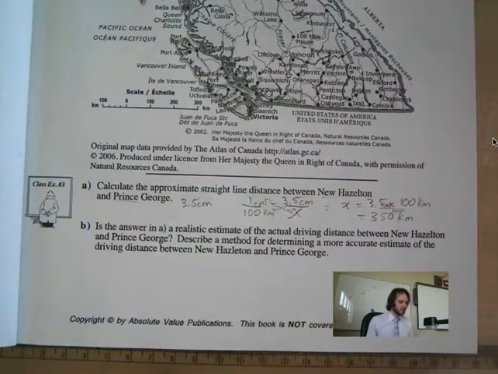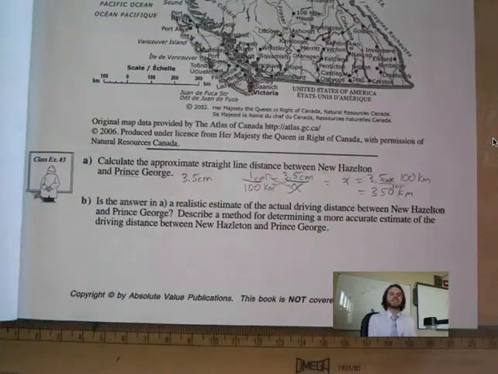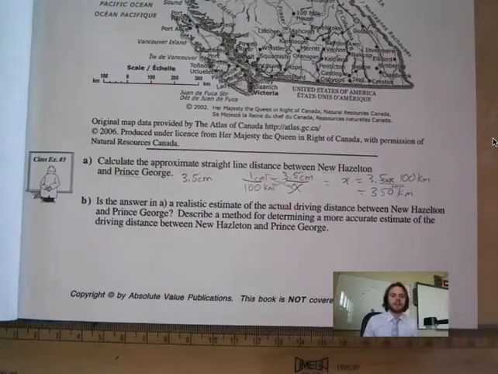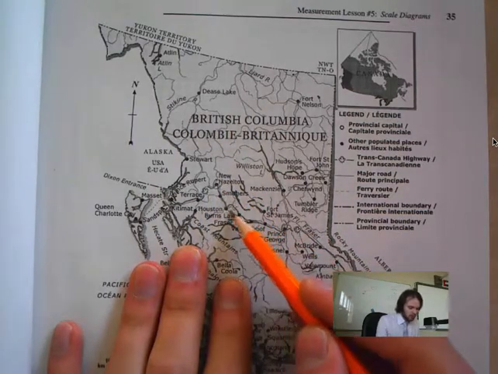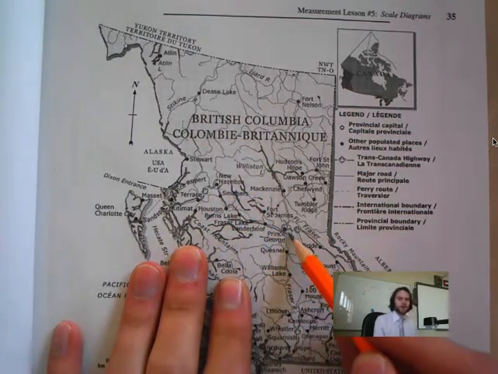Okay? Now, here it says, is the answer in A a realistic estimate of the actual driving distance between New Hazelton and Prince George? And describe the method of a more accurate driving distance from New Hazelton to Prince George. Well, let's take a look at the map. New Hazelton to Prince George winds all the way like that.